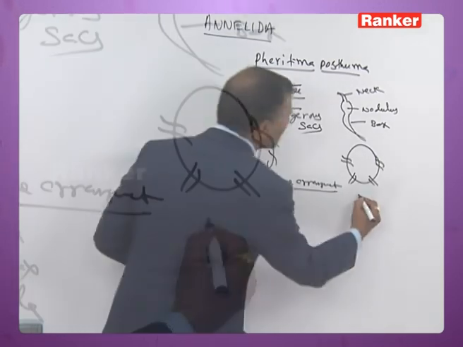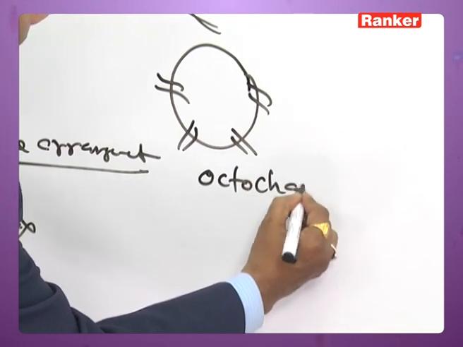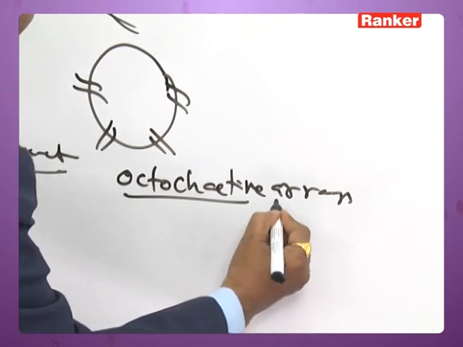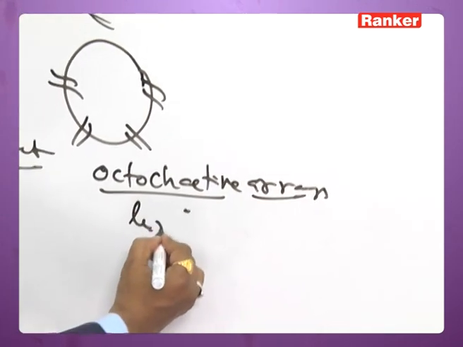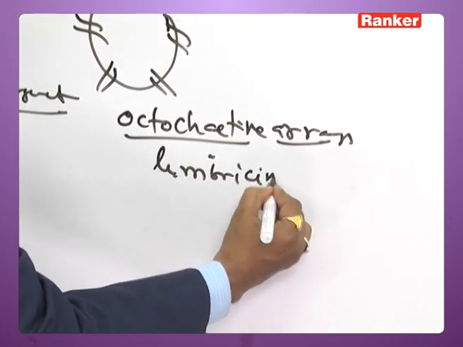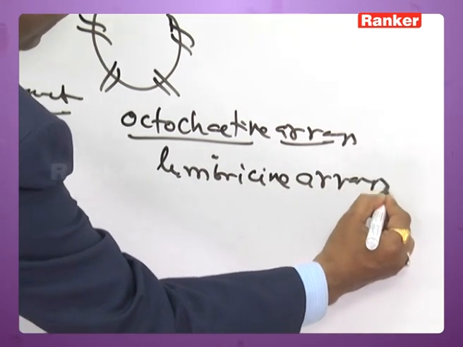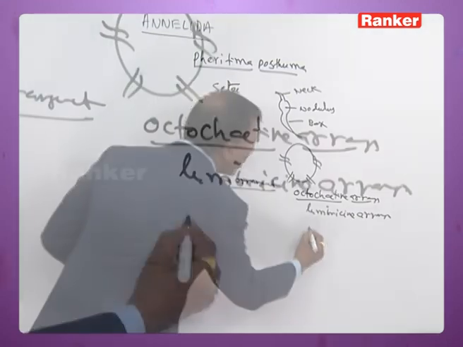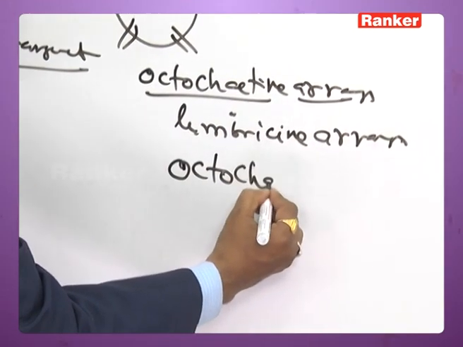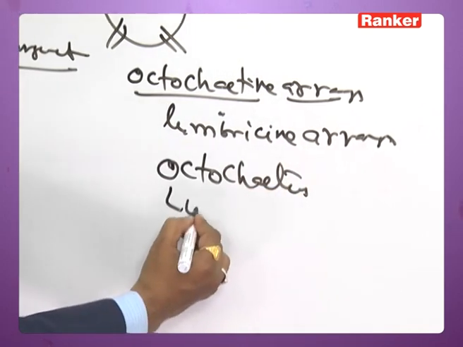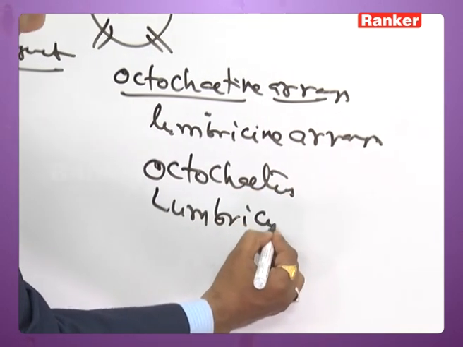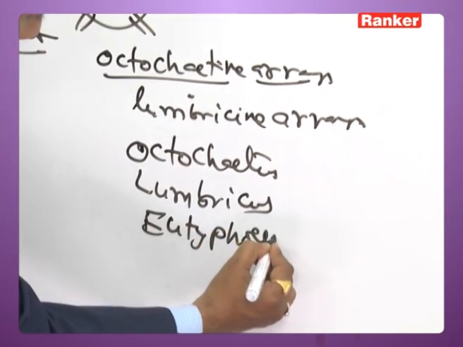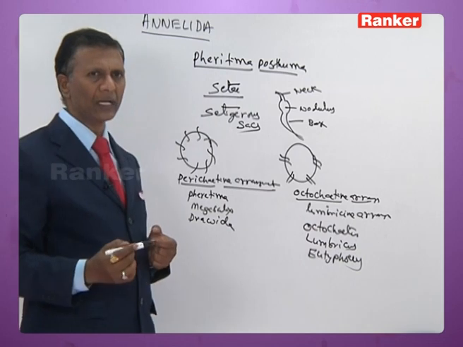This mode of arrangement is called octochaetine arrangement, or lumbricine arrangement, and this is present in Octochaetus, Lumbricus and Eutyphoeus.